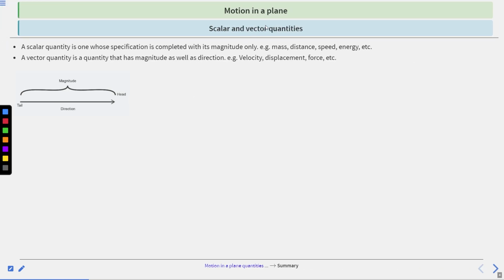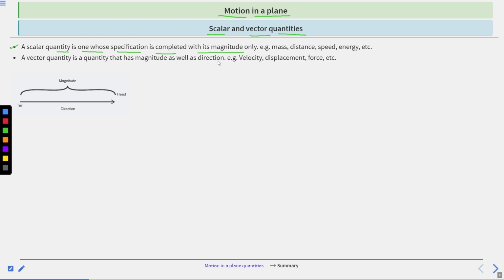So, topic is motion in a plane. Clear? Scalar and vector quantities. So, here the question arises, what are scalar and vector quantities? Clear? A scalar quantity is one whose specification is completed with its magnitude.